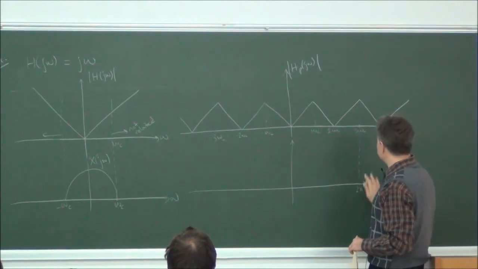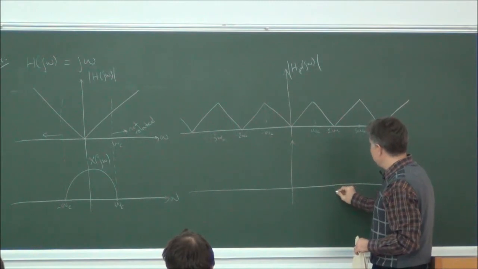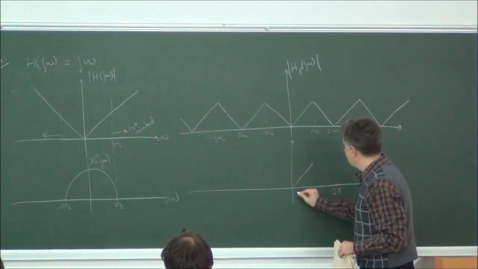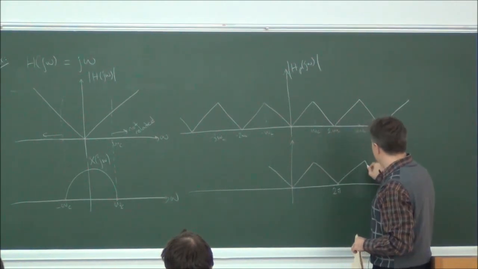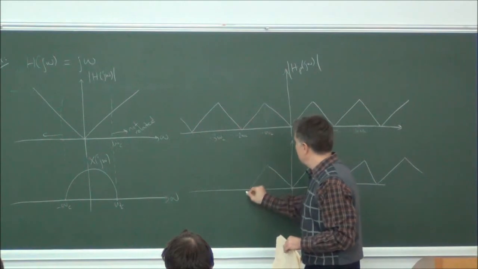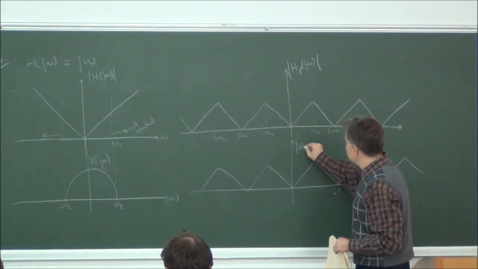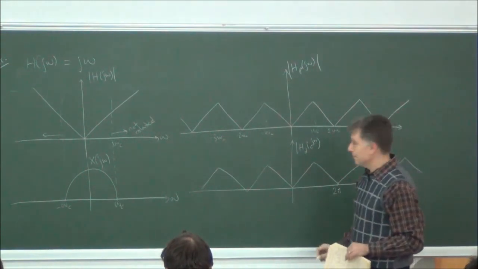And so 2 pi is somewhere here. Let's draw it like this, and we have this V shape repeating like this. And this new system is HD of e to the j omega.